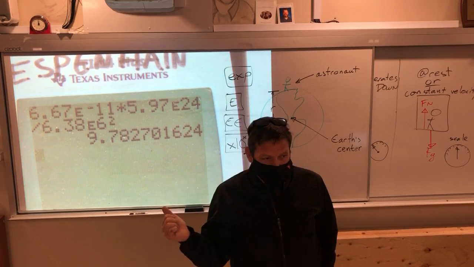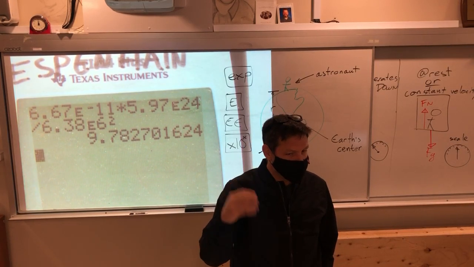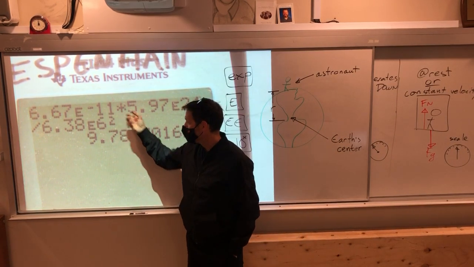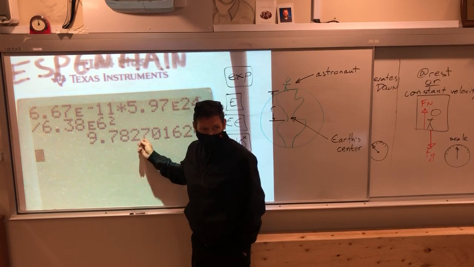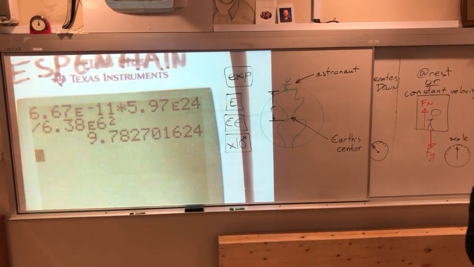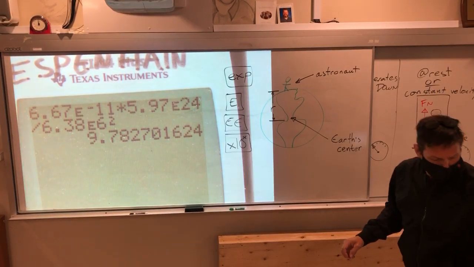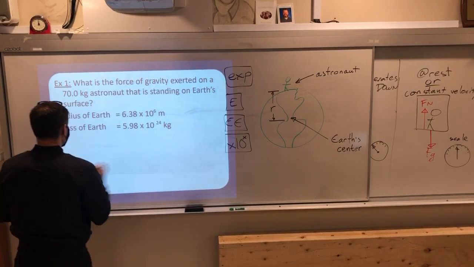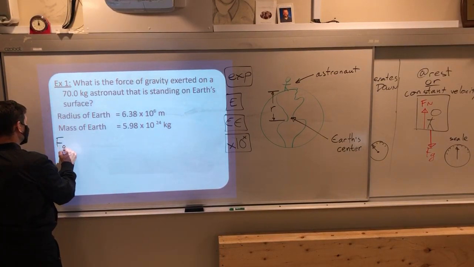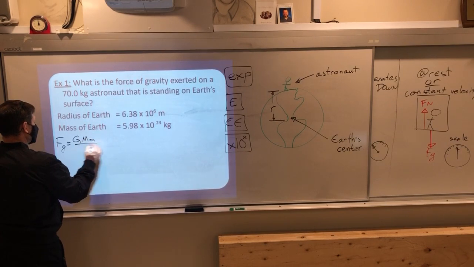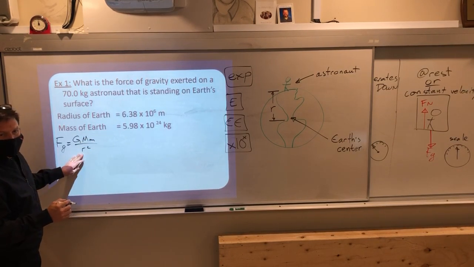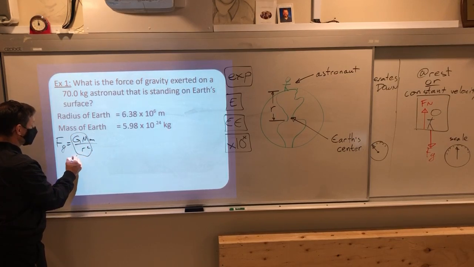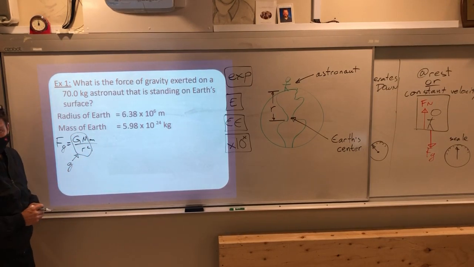This is why we just take mass and times by 9.8. Because the force of gravity on any mass on the surface of the Earth will be this. Okay. So let's just do this quickly. Whether you do just mass times g, which really this is little g for Earth, right?